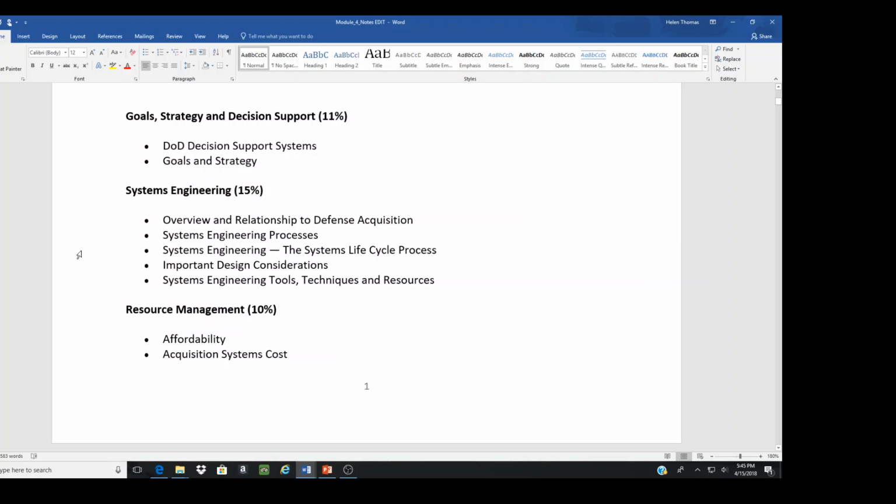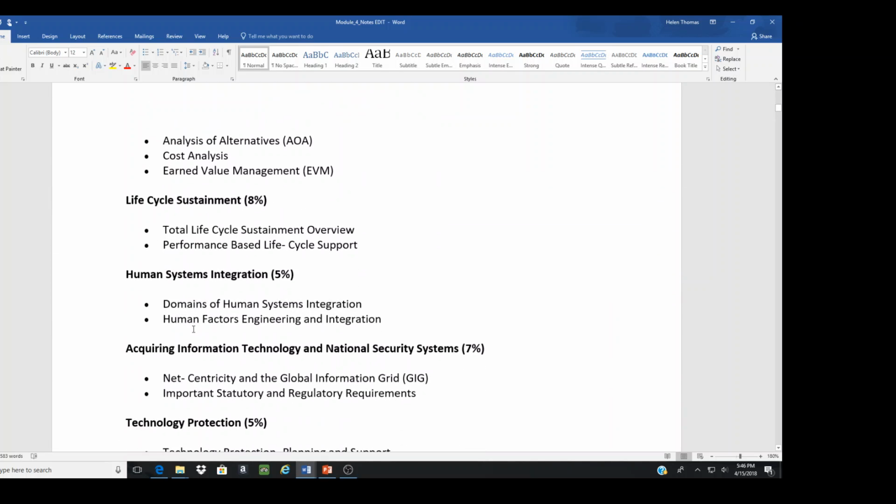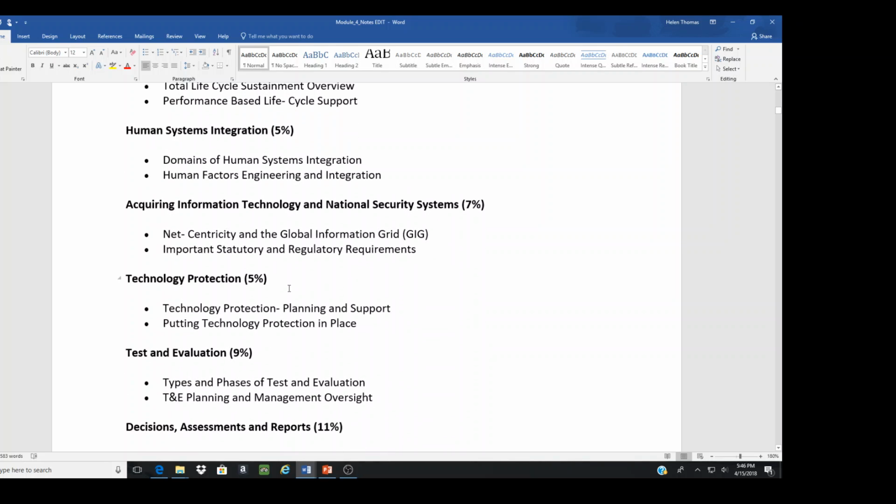So this is the breakdown of the exam for Module 4. The goal, strategy, and decision support section is 11%. Systems engineering is 15%. Resource management is 10%. Life cycle sustainment, 8%. Human systems integration, 5%.